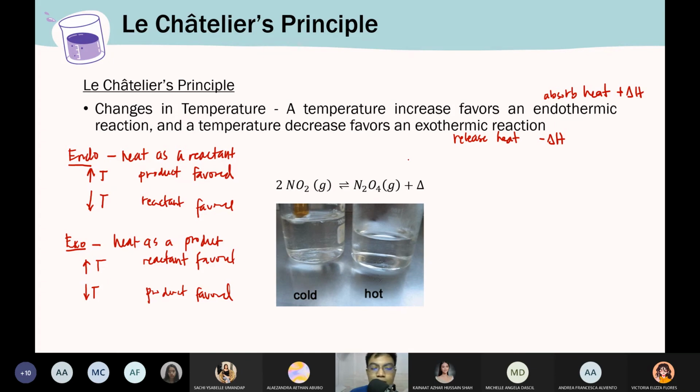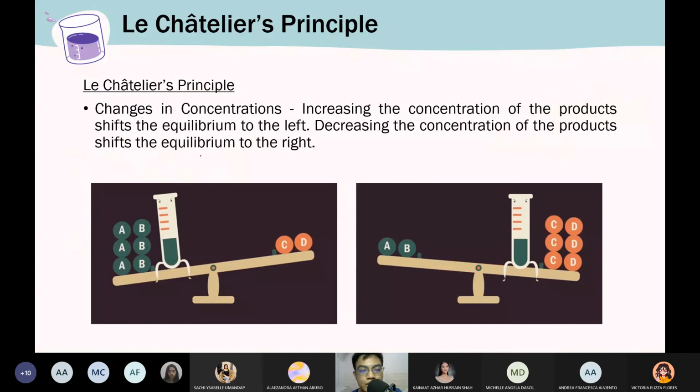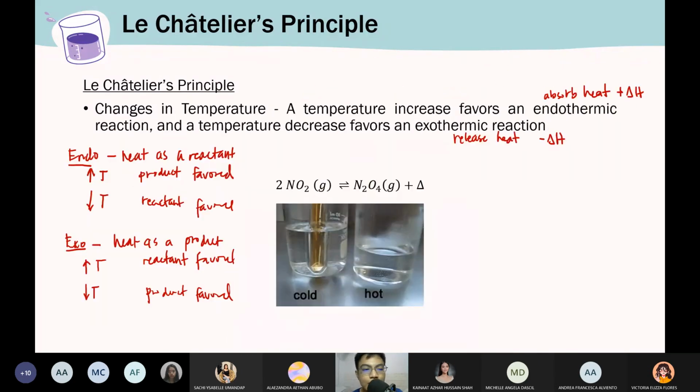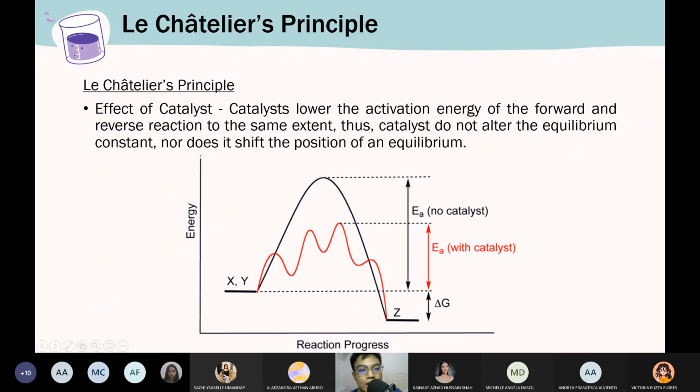So by increasing the heat, you increase the concentration of heat, either in the reactant or in the product side. Use the same logic here para makuha mo yung trend. Yan. And then for the catalyst, wala siyang effect overall because both sides of the reaction are equally favored. Okay? Both sides are sped up.